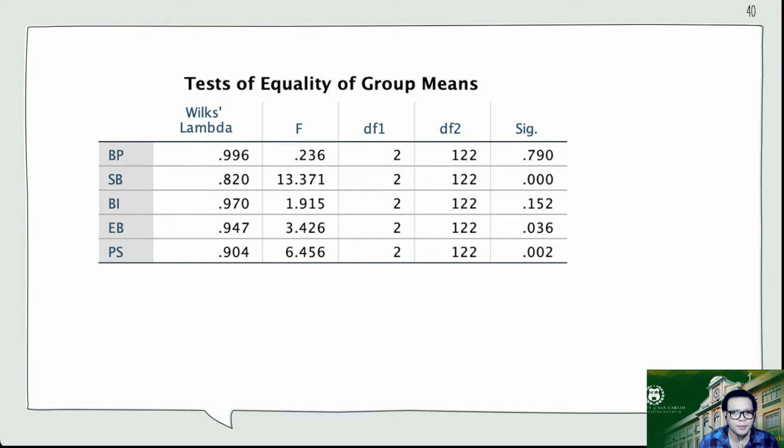And of course, we also see here the Wilks' lambda. So what does that mean? Wilks' lambda is a multivariate test with values between 0 and 1, and a value closest to 1 indicates that the difference is not significant at all.